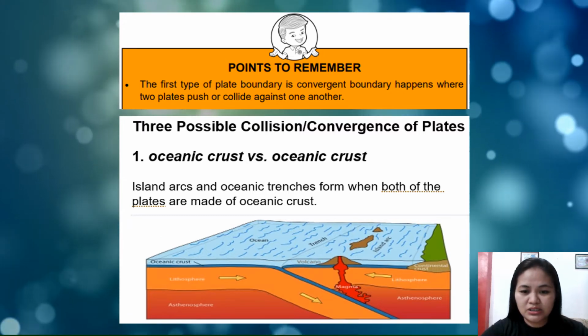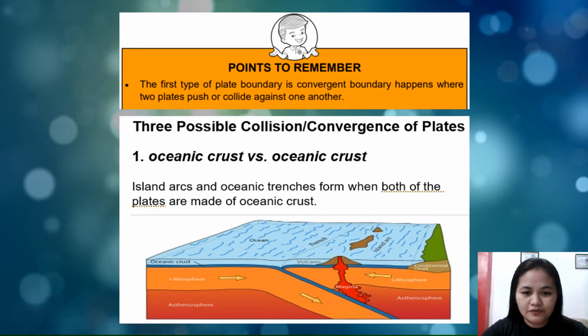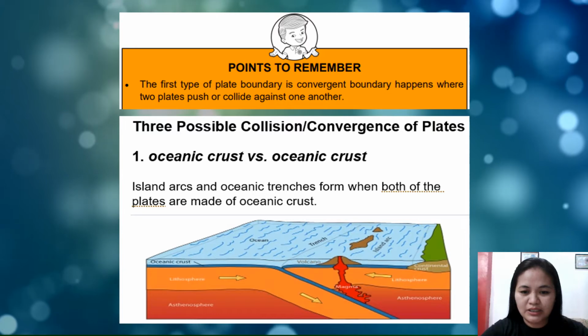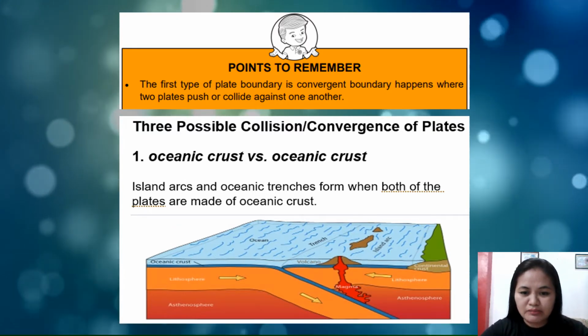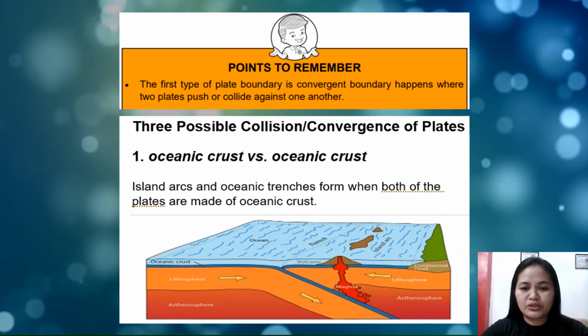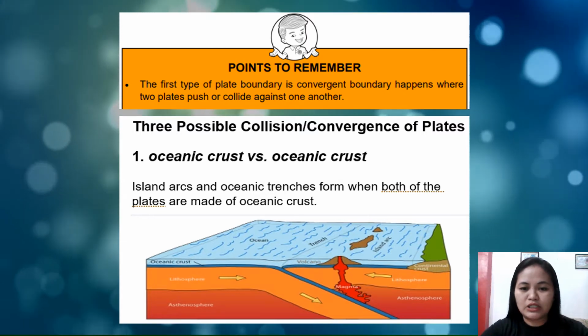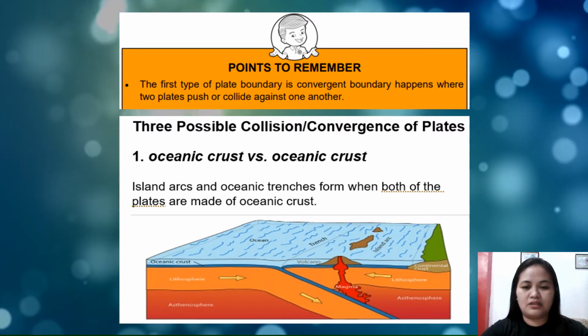And as you can see in the illustration, as this part of the other oceanic crust is moving down or subducting, melting is happening and there is magma being formed. So, when there is magma under, automatically, there will be a volcano on top that is being formed.